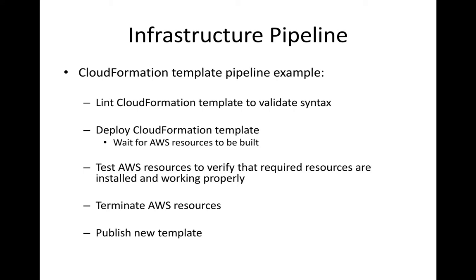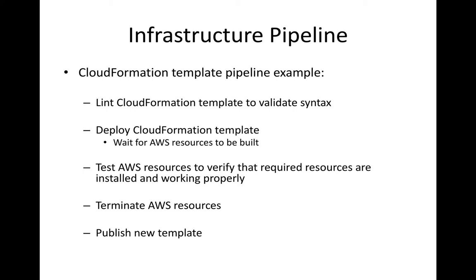And what you want to do is create a pipeline which will automatically, anytime you make a change to the CloudFormation stack, build that stack, and then it might perform some tests to make sure that the resources in the stack are configured properly.